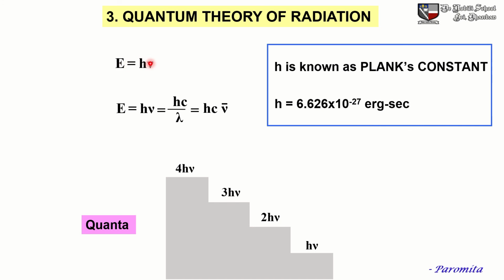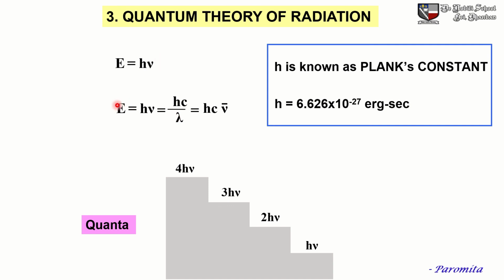Now, each quantum of radiation is associated with a definite amount of energy depending upon the frequency of radiation. The energy E of a quantum is given by E is equal to h nu, where h is known as Planck's constant, whose value is 6.626 into 10 to the power minus 27 erg second. What is this nu? This nu is the frequency of radiation.